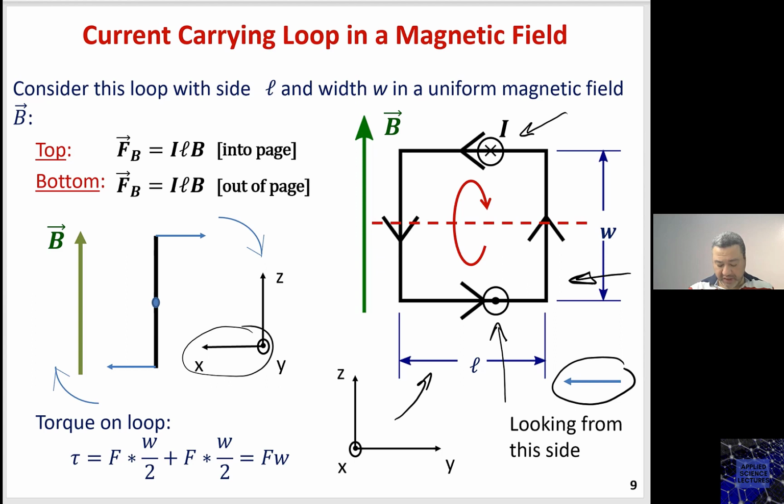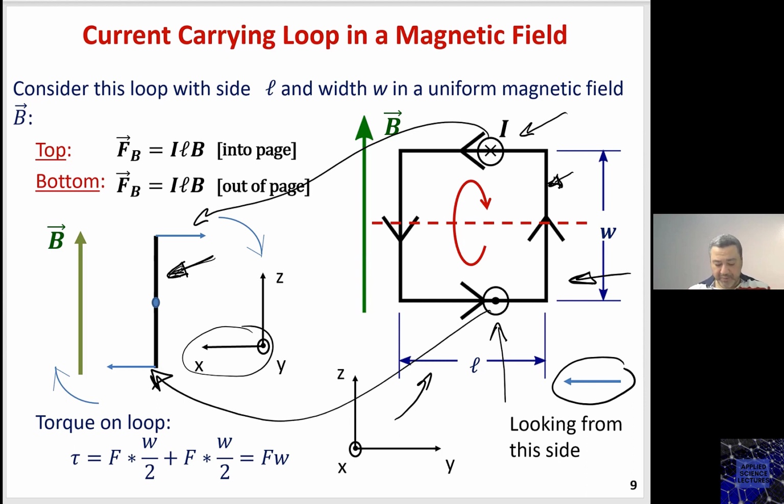So this is now the loop that I am seeing. I'm only seeing this side here, and those are the forces that we have talked about. This force is entering into the page and will look like this, and this force is out of the page.